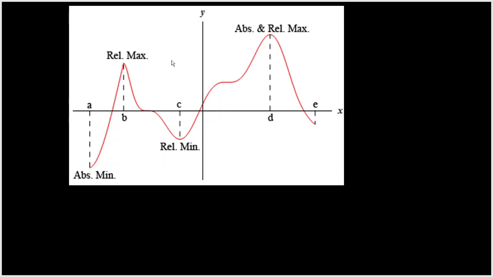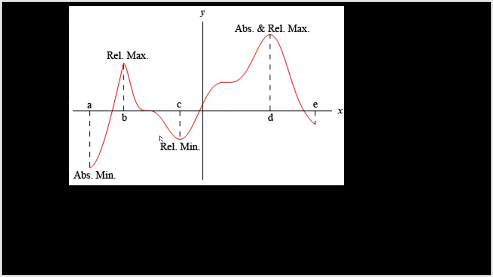The value of the function at b is not labeled, but you could imagine, let's say, this point, the value of the function at b is some number. Again, b is the location of the local maximum, and the value of the maximum is the value of the function at b.